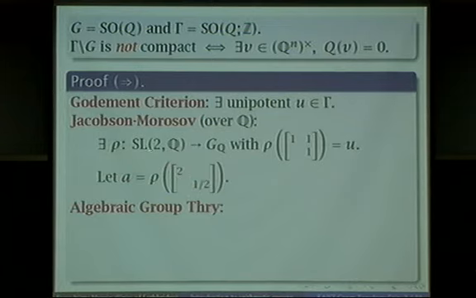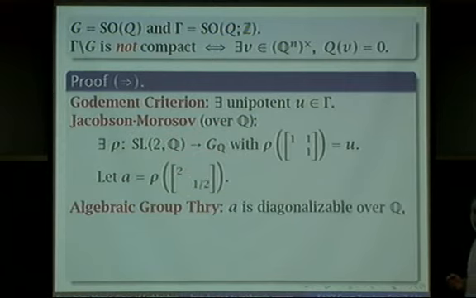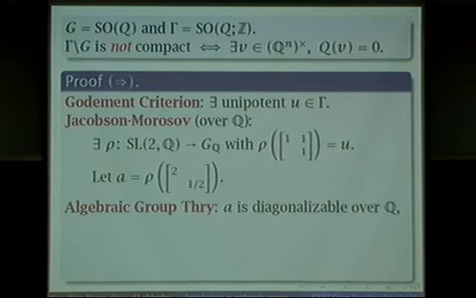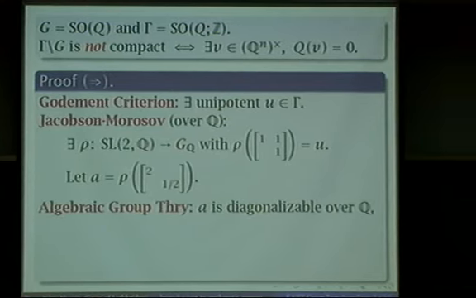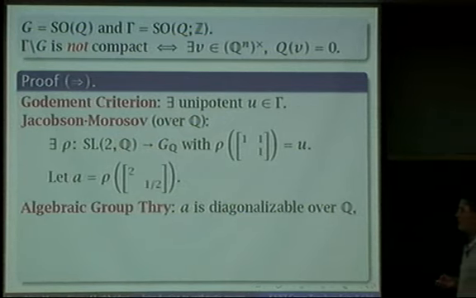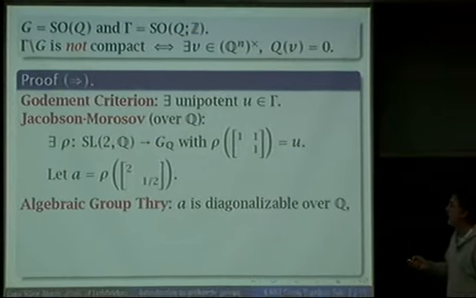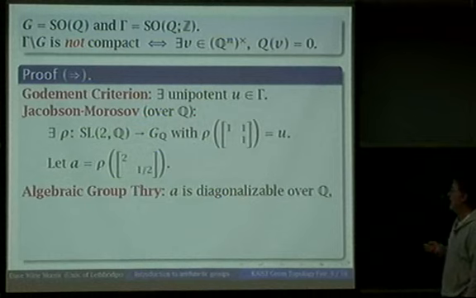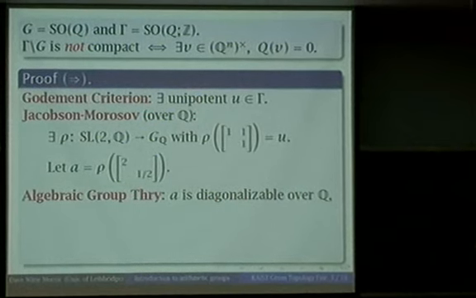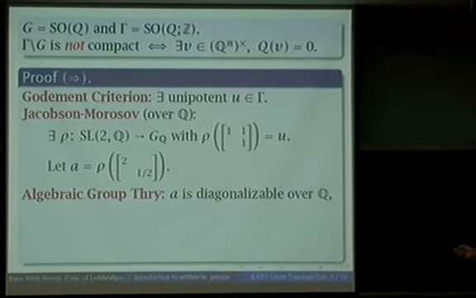When you apply a homomorphism like this that maps rational points to rational points, the image will also be diagonalizable over Q. It's not obvious, I think, but it's a theorem that maps between algebraic groups like this will preserve diagonalizability. In the theory of algebraic groups, we call this a split diagonal matrix. So A is diagonalizable over Q.